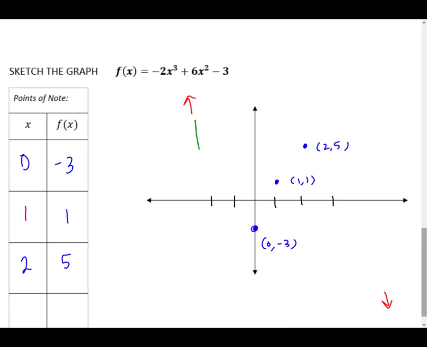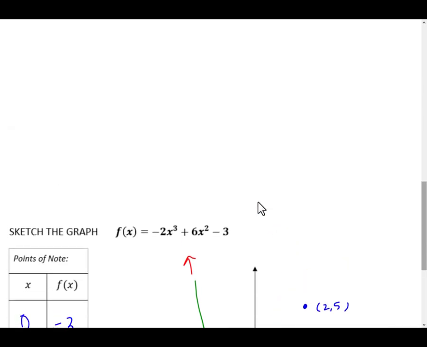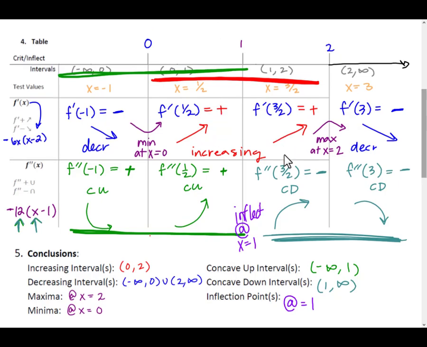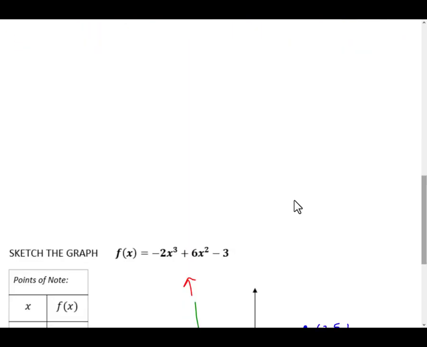We are concave up decreasing, and at 0 we switch to concave up increasing. Now, when we get to 1, that was another value where things changed. So at x equals 1, to the right of that, we became increasing concave down.